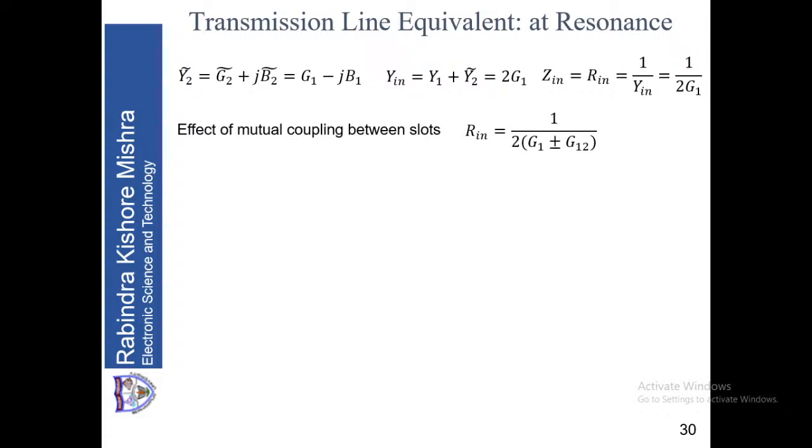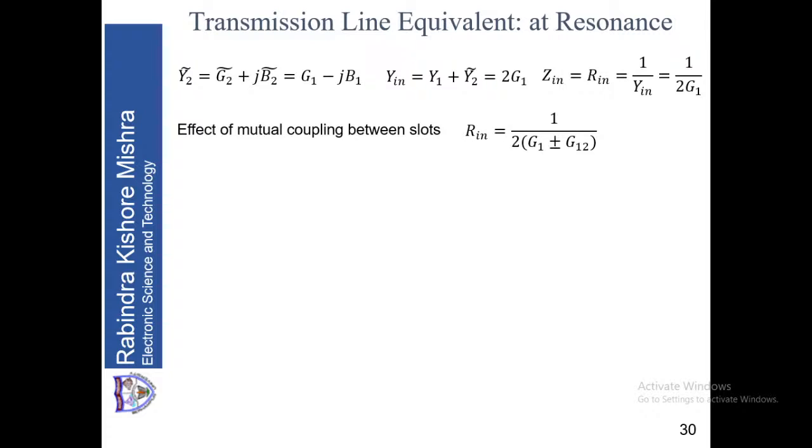Now when I will use plus sign, when I will use minus sign, that depends on what mode we are using. If modes are even, we will go for minus sign, because it is symmetric. If modes are odd, it is plus sign, in case of asymmetric.